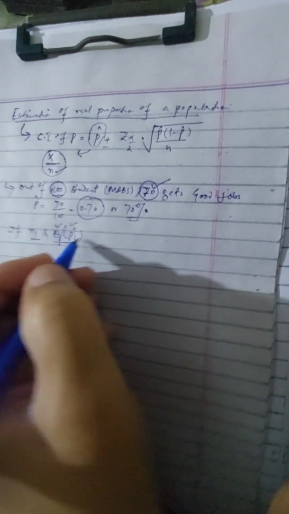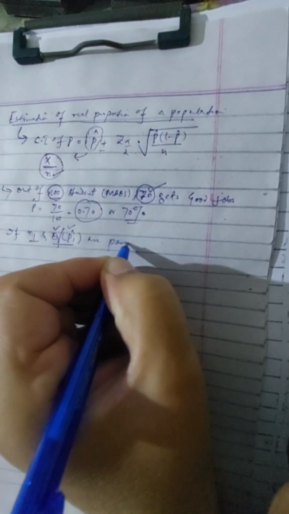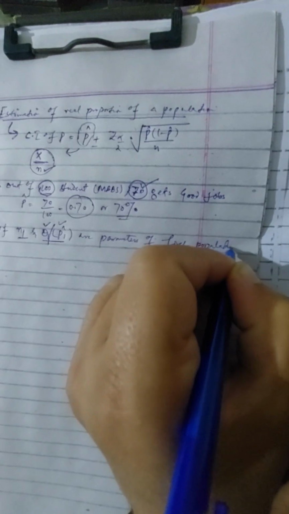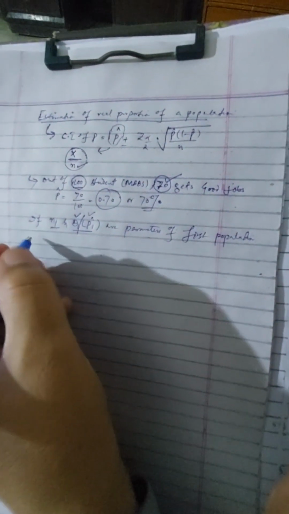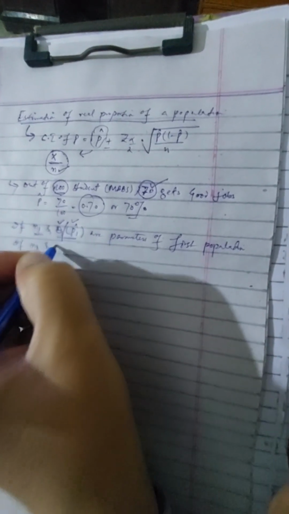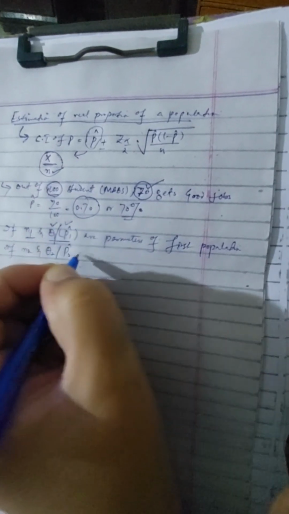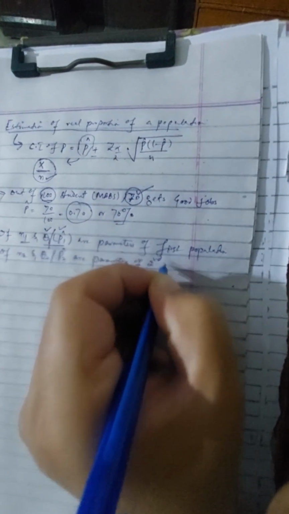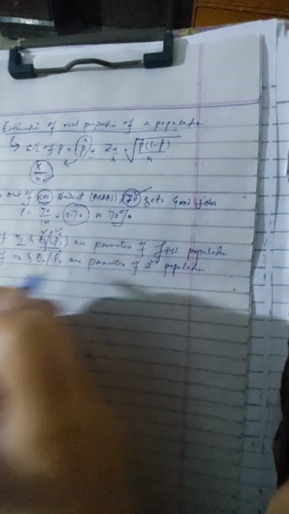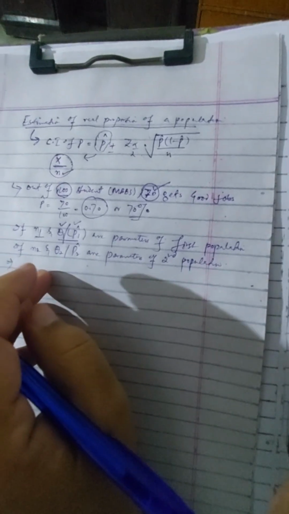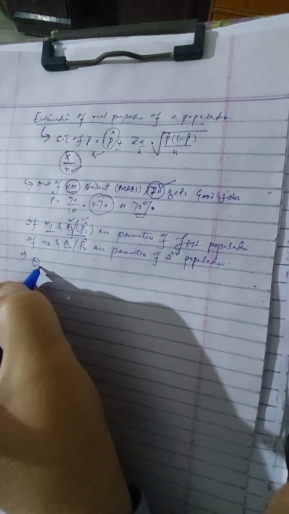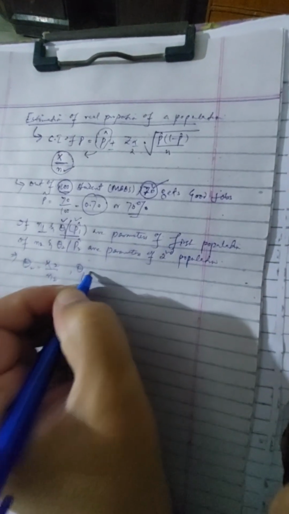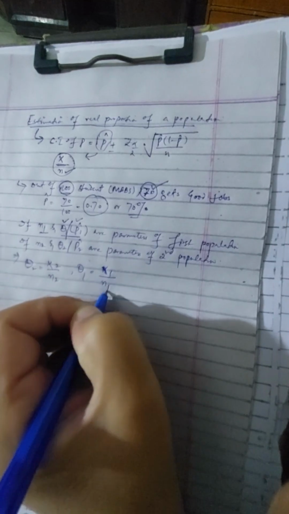So if these two are the parameters of the first population, and we have two independent populations, and n2 and theta 2 or p2 bar are the parameters of the second population, then theta 2 is equal to x2 divided by n2, and theta 1 is equal to x1 divided by n1.